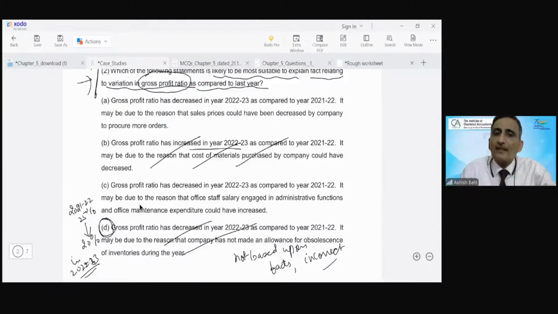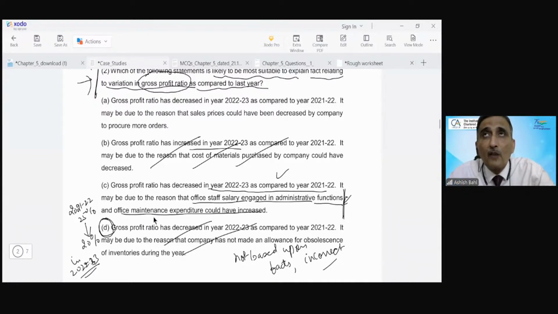So what was the C option? Gross profit ratio has decreased in year 22-23 as compared to 21-22. That part is correct. It may be due to the reason that office staff salary engaged in administrative functions and office maintenance expenditure could have increased, but it has got nothing to do with the gross profit, because gross profit is calculated by deducting direct expenses.